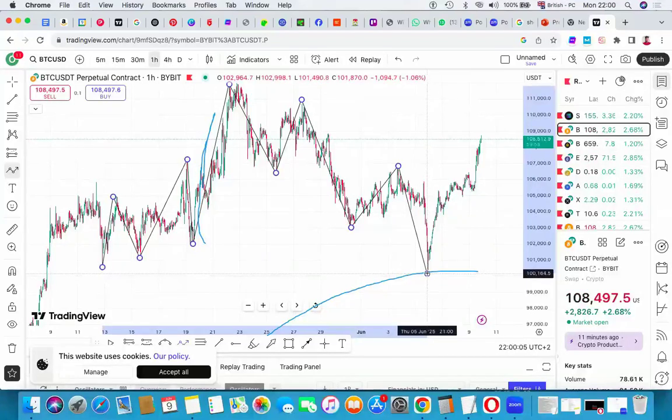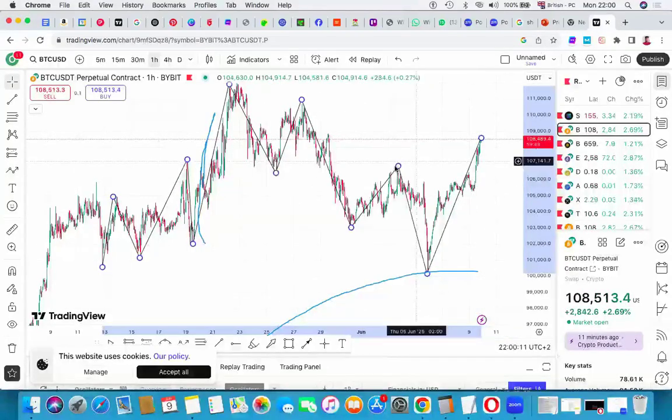I'm just mapping out the move the market has been doing on BTC, right?